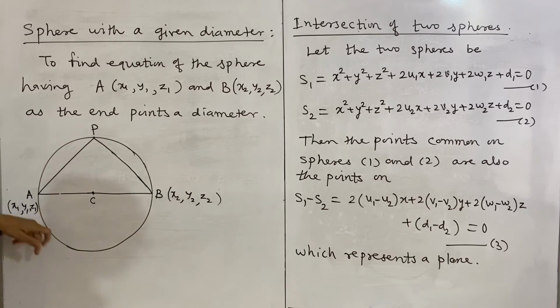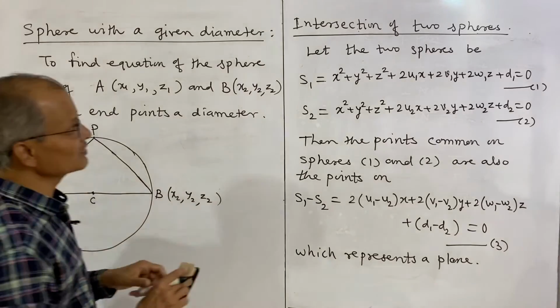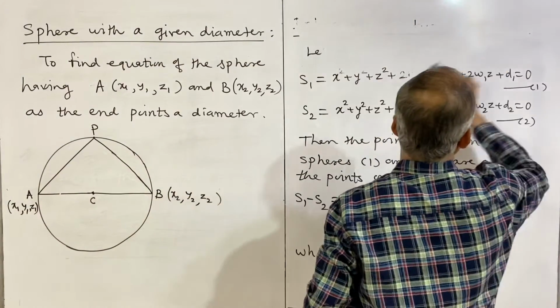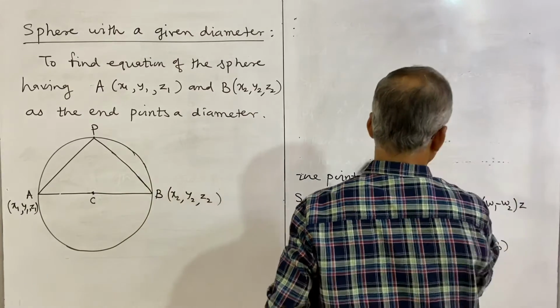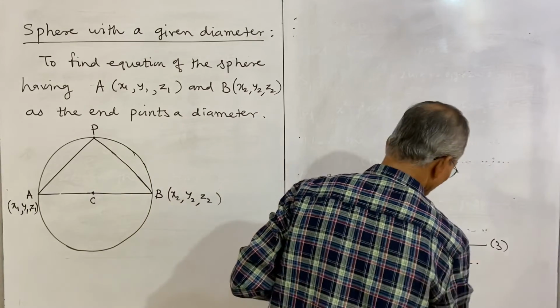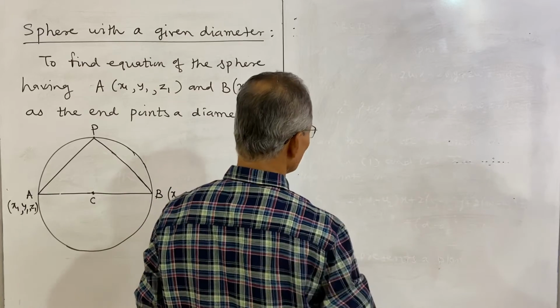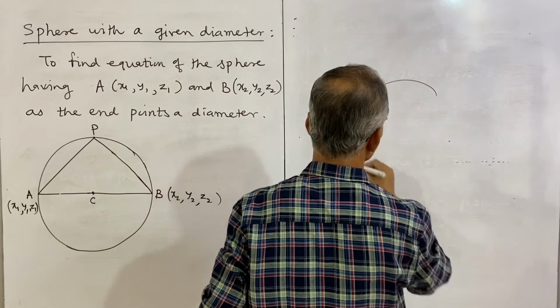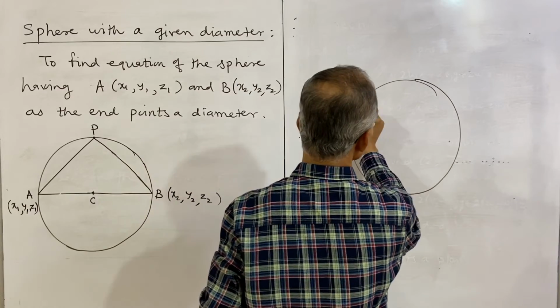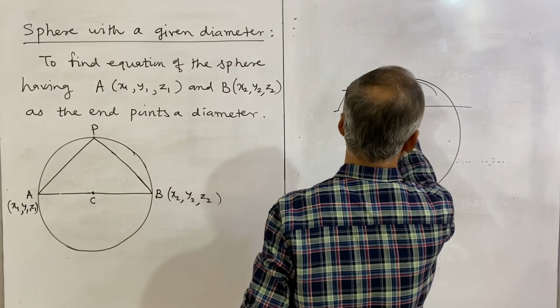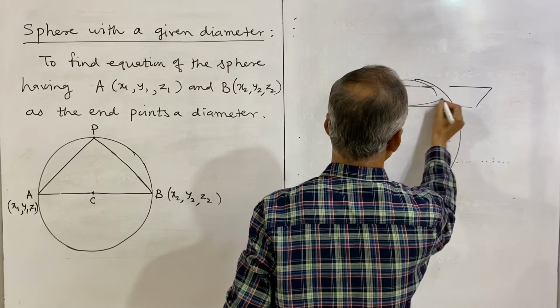So if we have this as a sphere and its section by a plane, then the section is this circle.